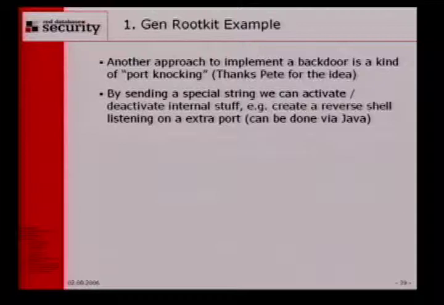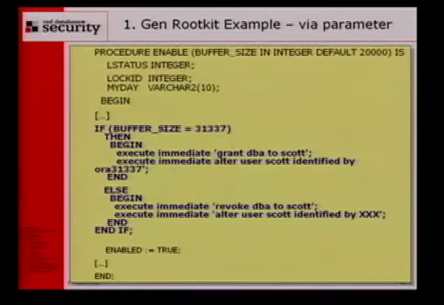Yesterday I had a discussion with Pete, and he had an interesting idea, and I included it in this presentation. He called it port knocking. By sending a special string to a package, you can activate the Trojan on the system, for example to create a reverse shell. This is quite easy to implement.